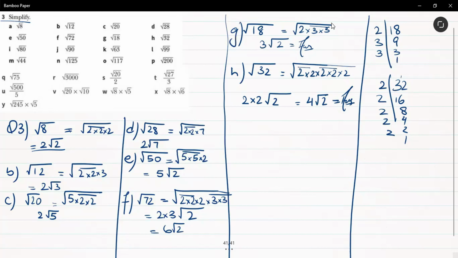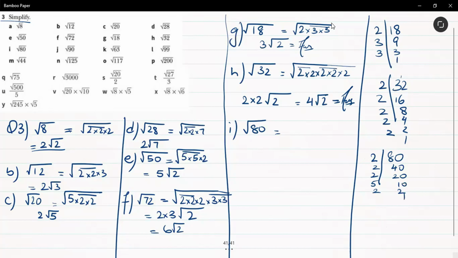For part I, we have under root 80. Again, LCM of 80, what would we get? I would start with 2, I prefer going from a smaller value. 2 40s are 80, 2 20s are 40, 2 10s are 20, 2 5s are 10, 2 1s are 2.